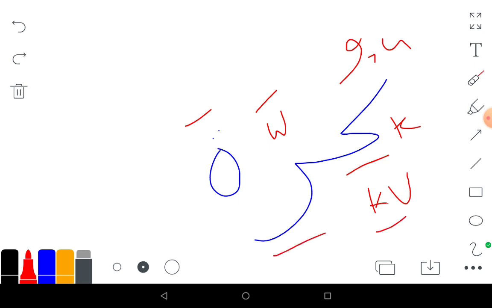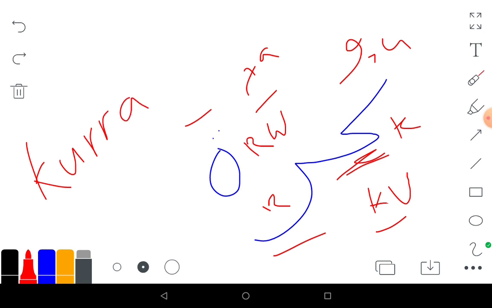The second one is double R. Remember, syaddah is double the letter. So this letter is a raw, and I put a double R because of the syaddah, and I pronounce the fathah, which is the letter A. The first one is ku. The second one is double R A because of the fathah, becomes kurra.